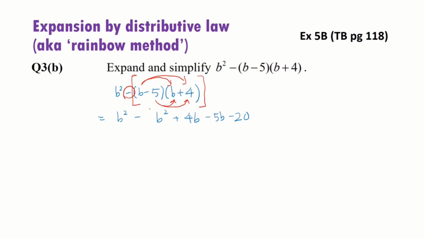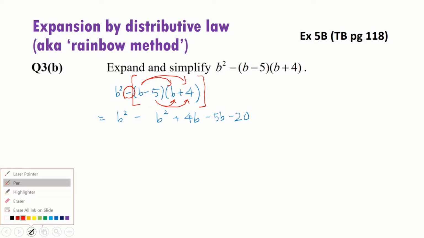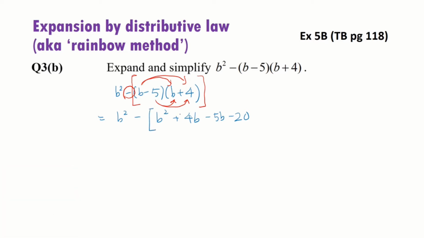So what we must do is to put in brackets over here. Then it will actually cause the operations inside the brackets to change when we open up. So we will have b squared minus b squared... minus 4b plus 5b plus 20. The reason for this is the minus sign in front.